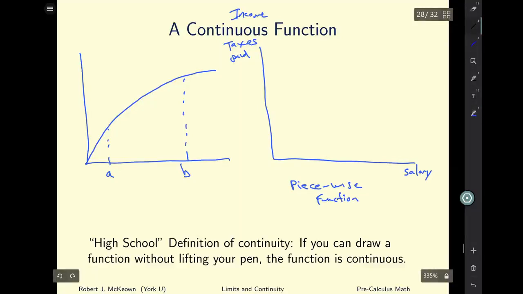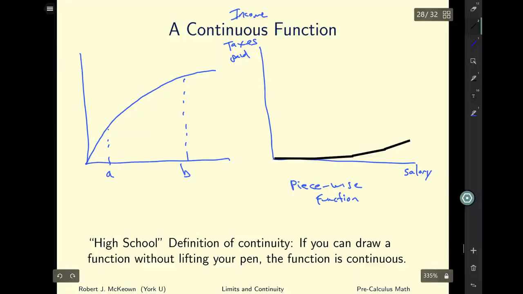At first, when you start earning money, you actually don't pay any income tax on the first few thousands of dollars that you make. And then your marginal tax rate goes up. And as you get into higher income tax brackets, the additional income that you make gets taxed at a higher marginal rate.